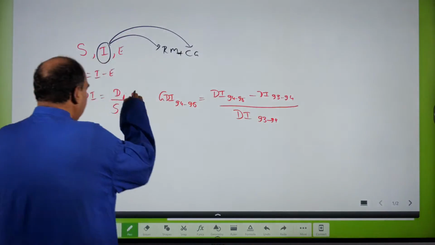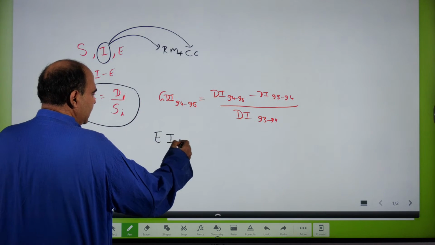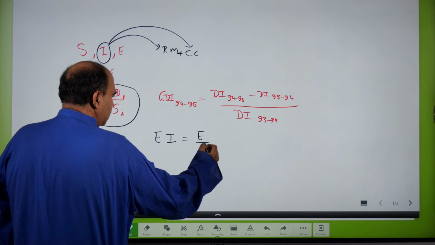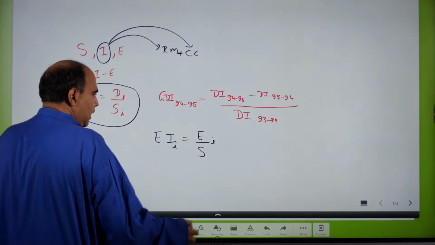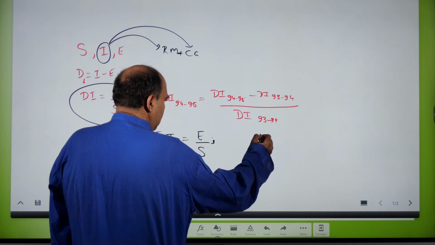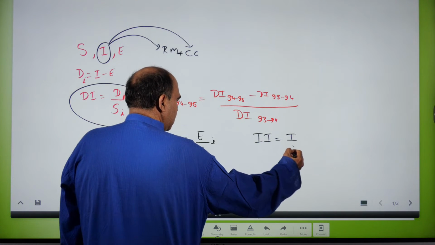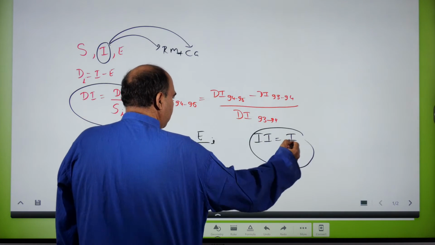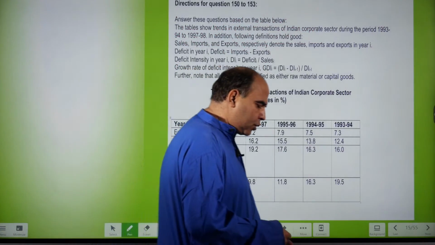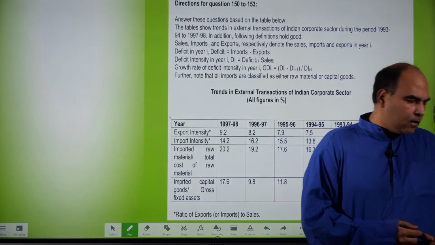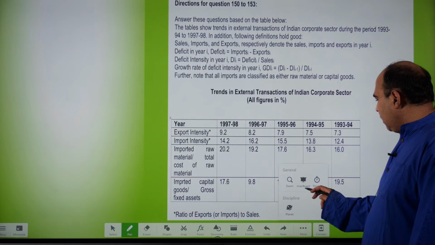That not only do I have a deficit intensity formula, I also have an export intensity formula, which is exports upon sales for any year i, and I also have an import intensity formula, which is imports upon sales. So 2 more variables are getting introduced here, and the more variables there are, the more obviously there are possibilities for questions being asked.